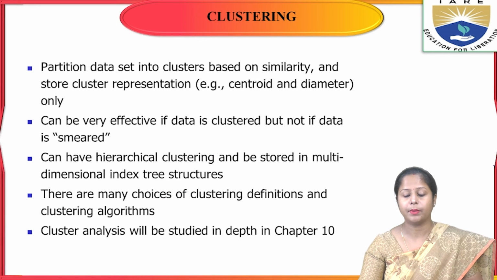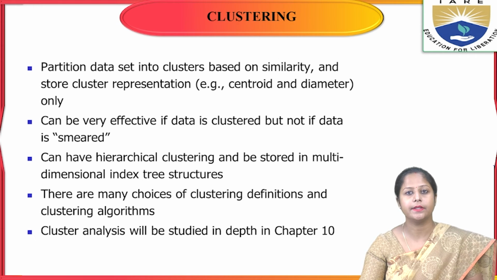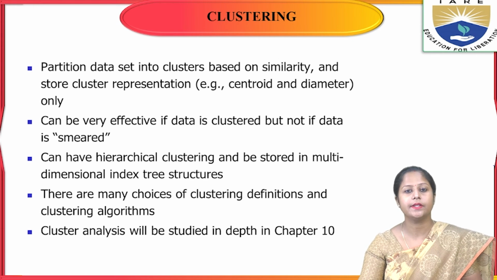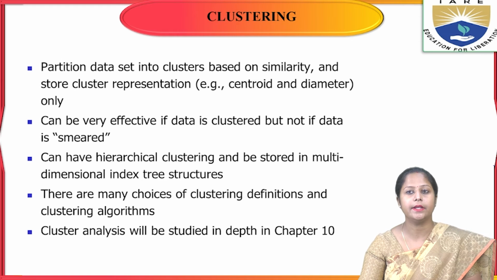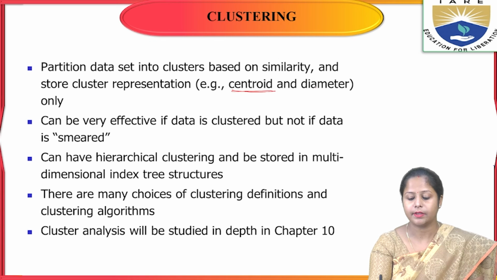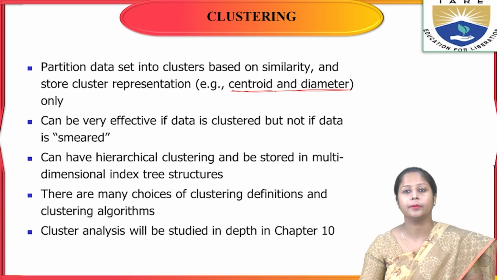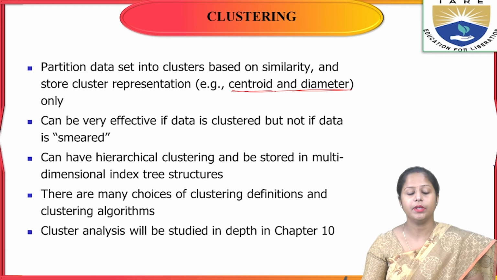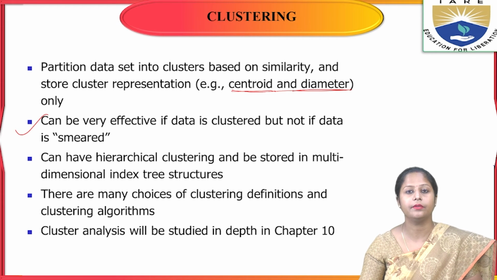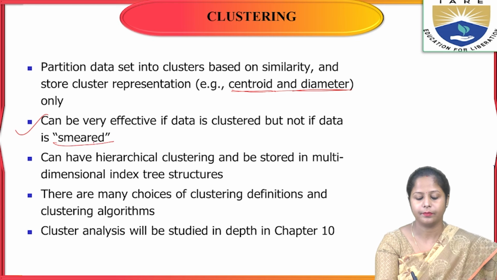Another example of non-parametric is clustering. Clustering is partitioning the data set into clusters based on similarity, and storing the cluster representation, that is, centroid and diameter only. That can be very, very effective if the data is clustered, but not if the data is smeared.